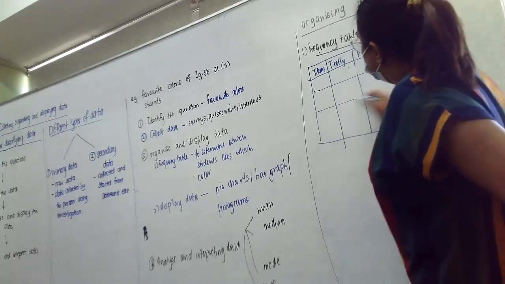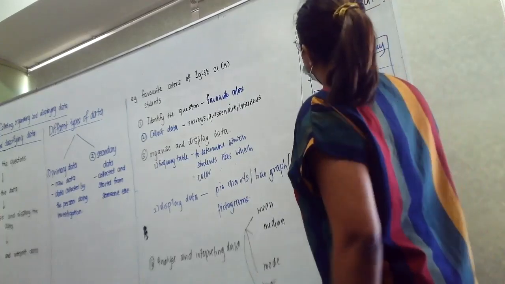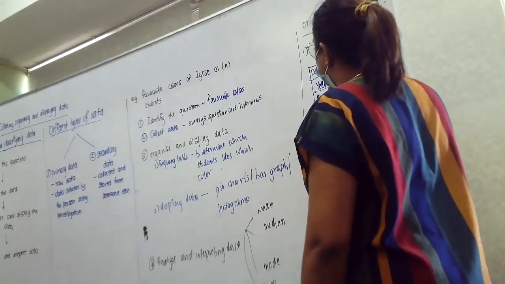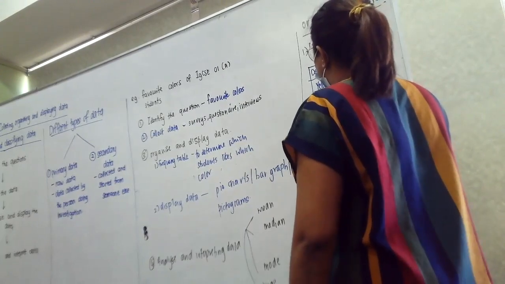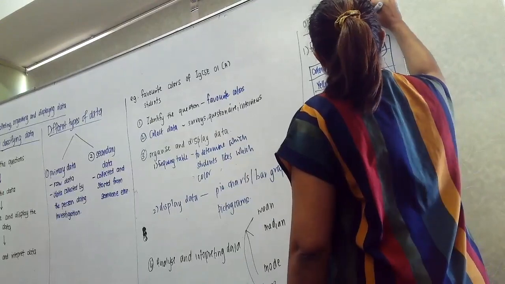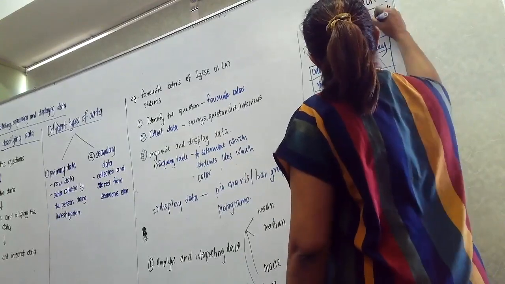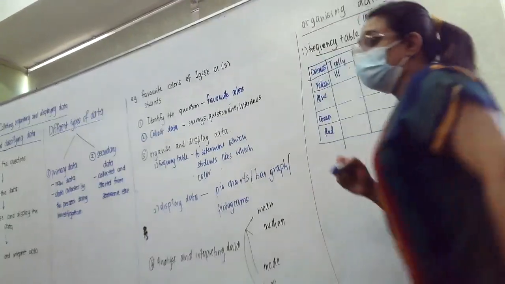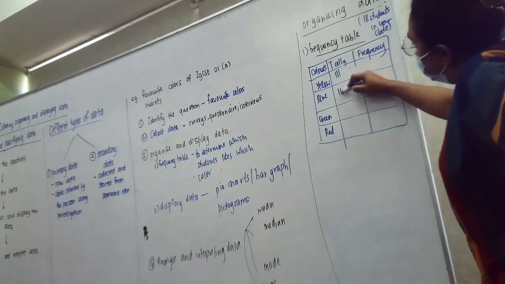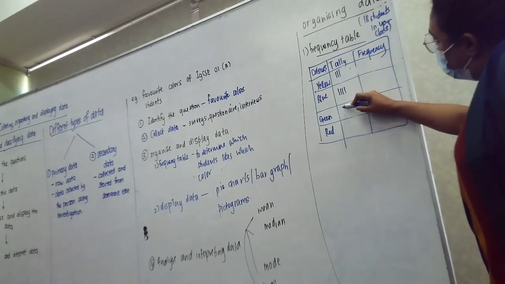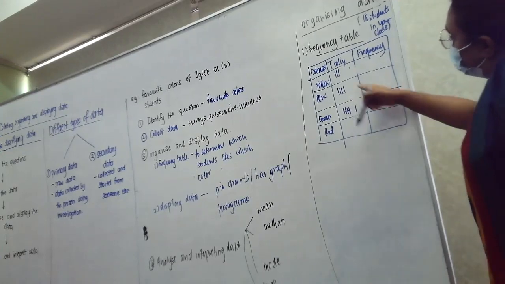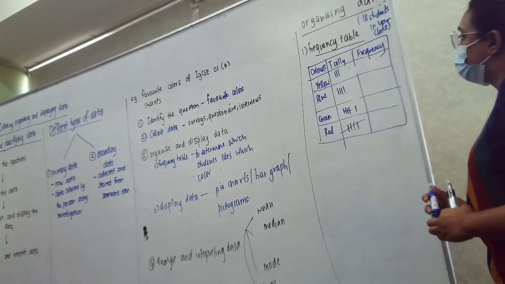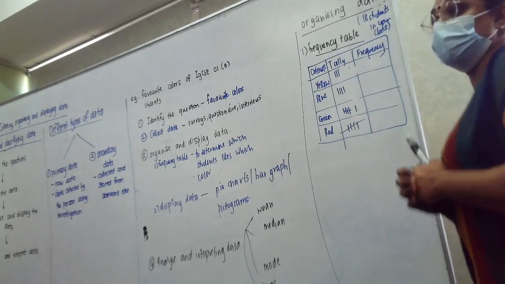For example, colors: yellow, blue, green, and you have 18 students in your class. Imagine 3 students like blue, 4 like green, 6, 4, and the total is 18. So this is your frequency table.